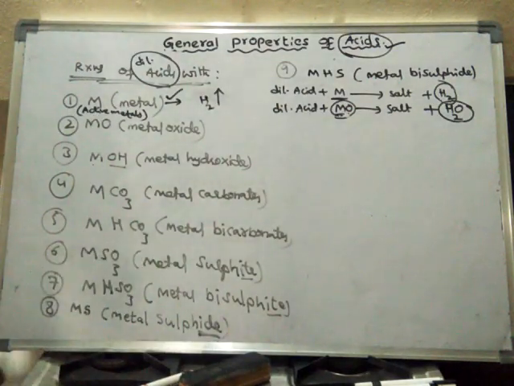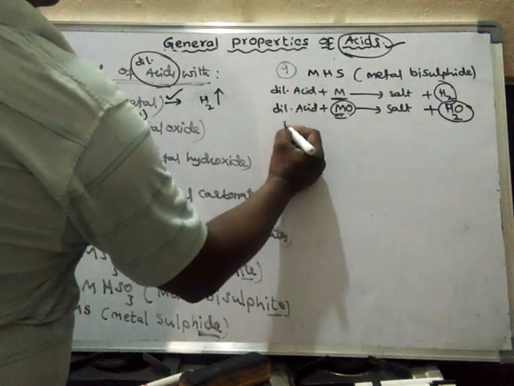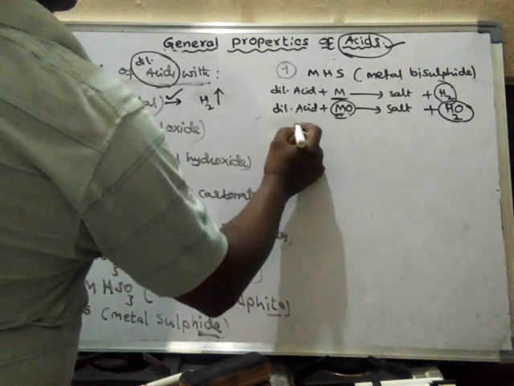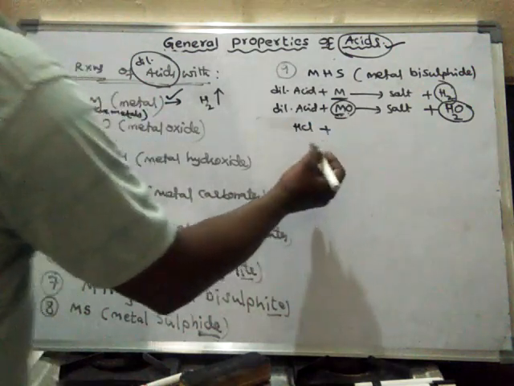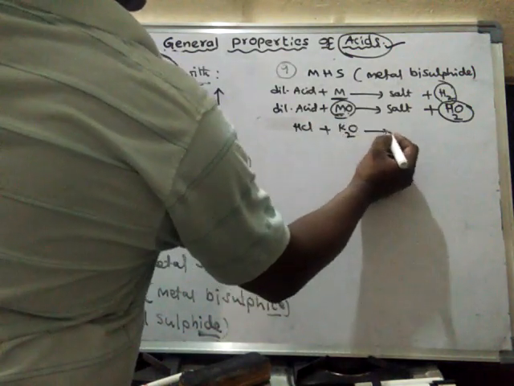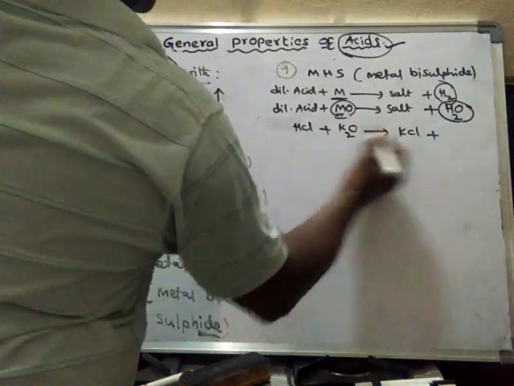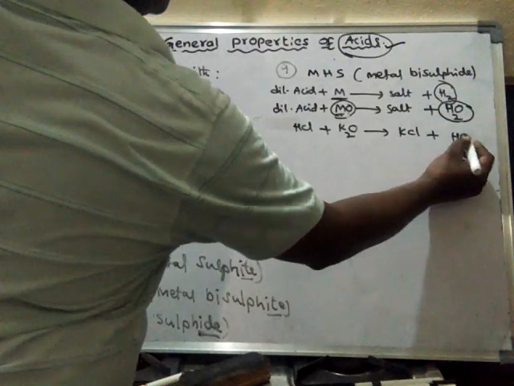Let us take some examples. Metal oxides. Take dilute HCl plus a metal oxide, potassium oxide. It forms KCl and water.